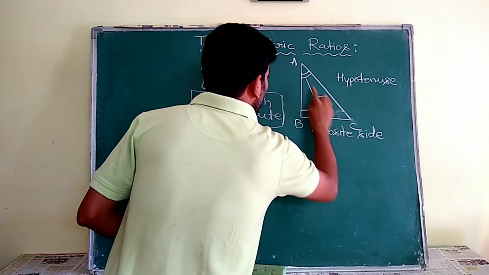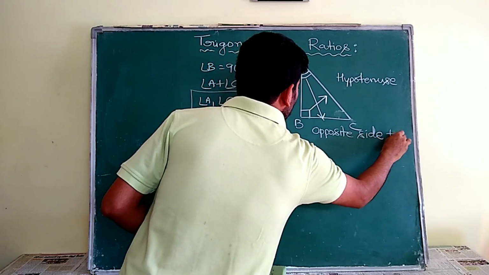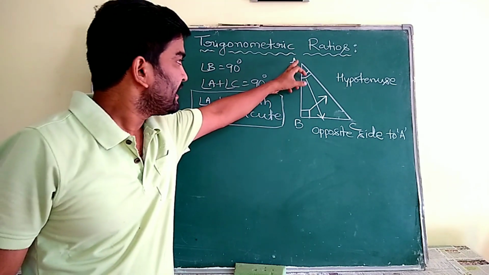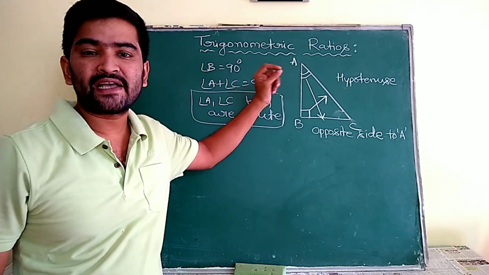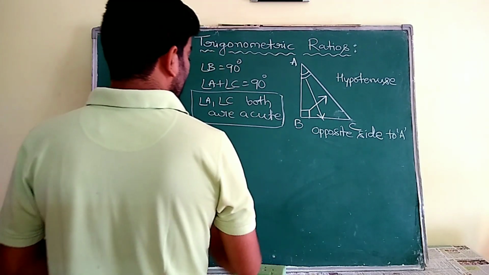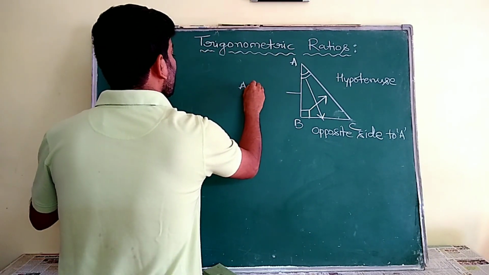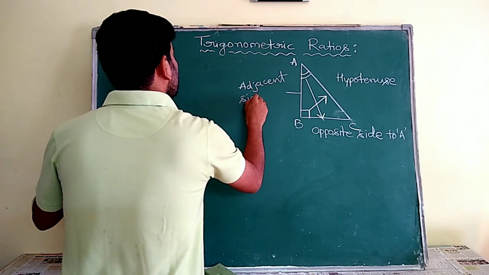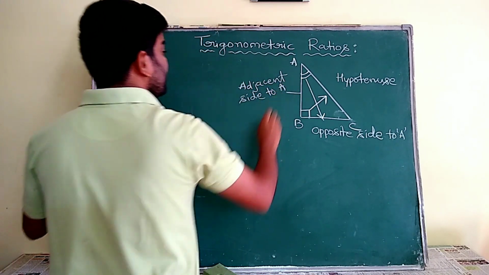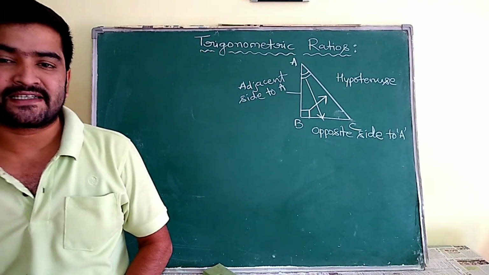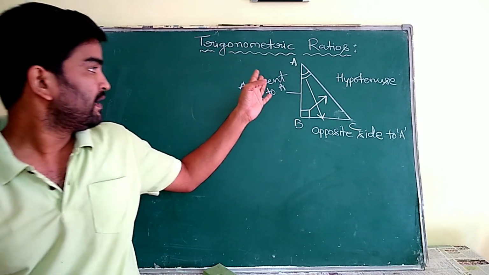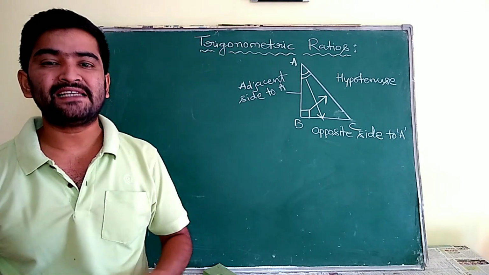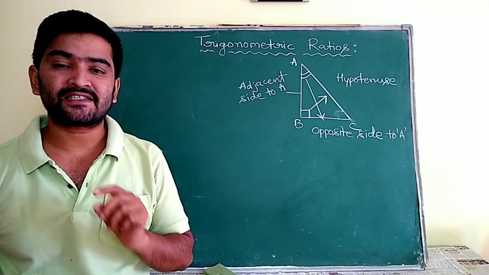The side opposite to angle A is known as the opposite side. This is the opposite side to A. Now the side AB is known as the adjacent side to angle A. We have to name all three sides with the given corresponding angle.